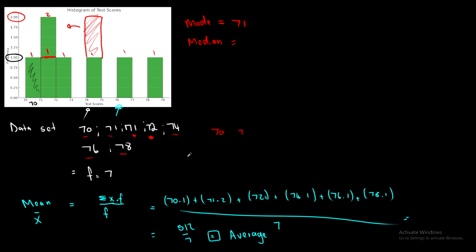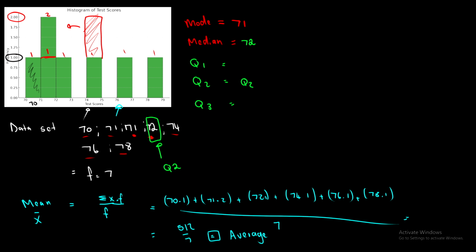Now that we've calculated the median of 72, let's go find our quartiles. Quartile 1, quartile 2, and quartile 3. We know that our median is actually equal to quartile 2 as well. So we already have our second quartile, which is just the 50th percentile of the data.